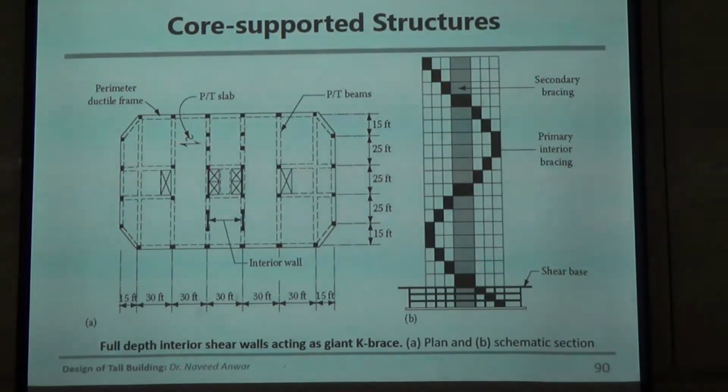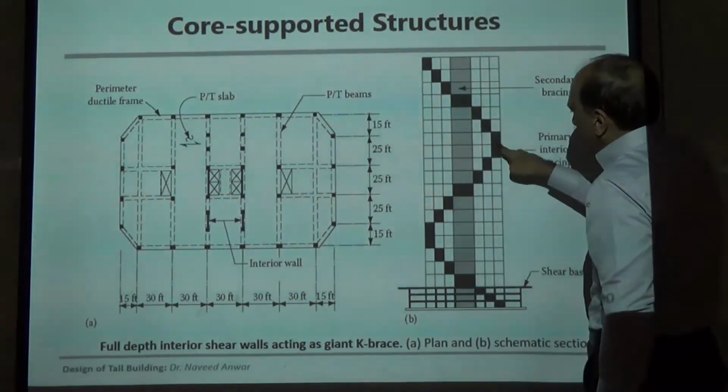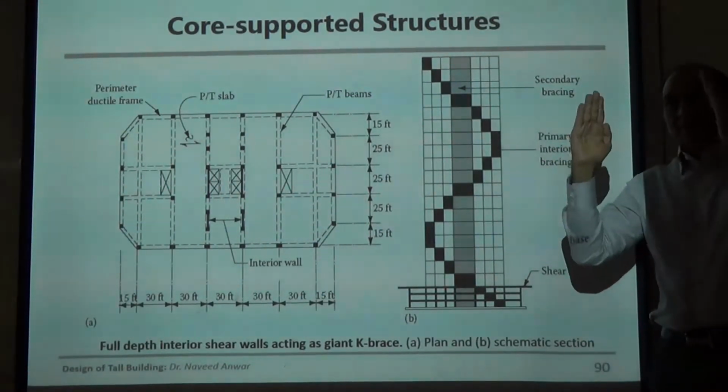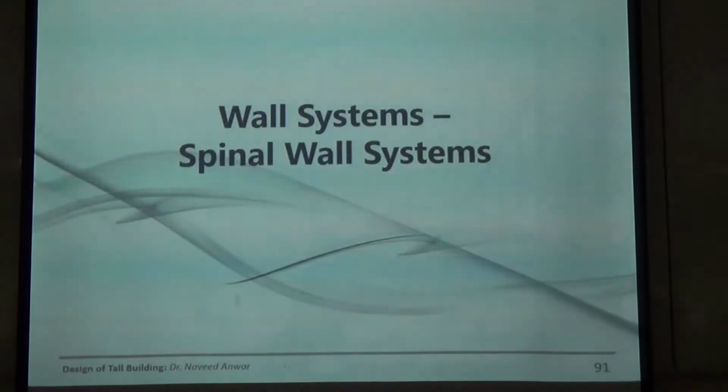You create these virtual trusses using parts of the walls, and then you activate the columns, because when this wall bends, these will make sure that these columns are activated in terms of their axial forces, right? So this is one way to do that, but we will do many others.